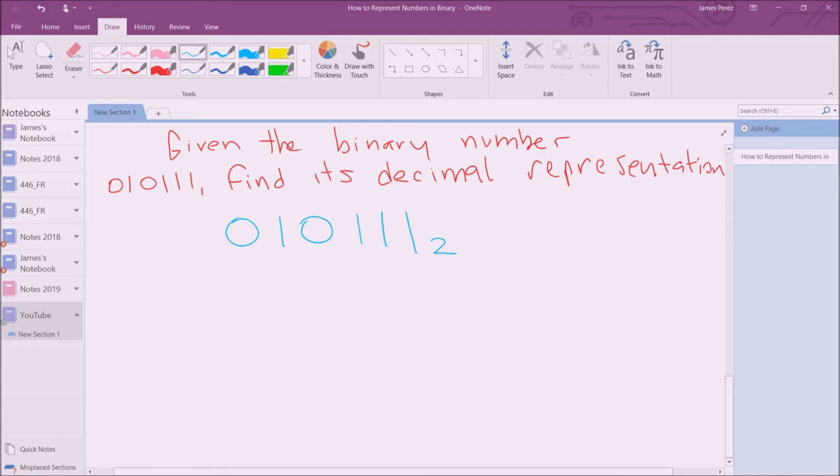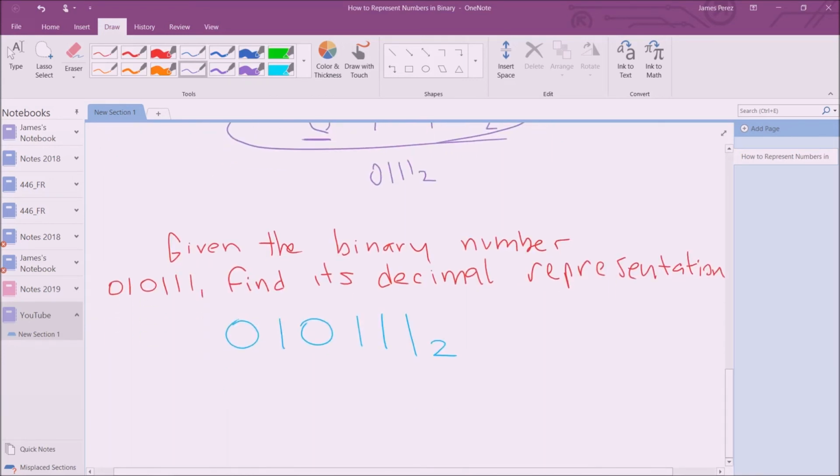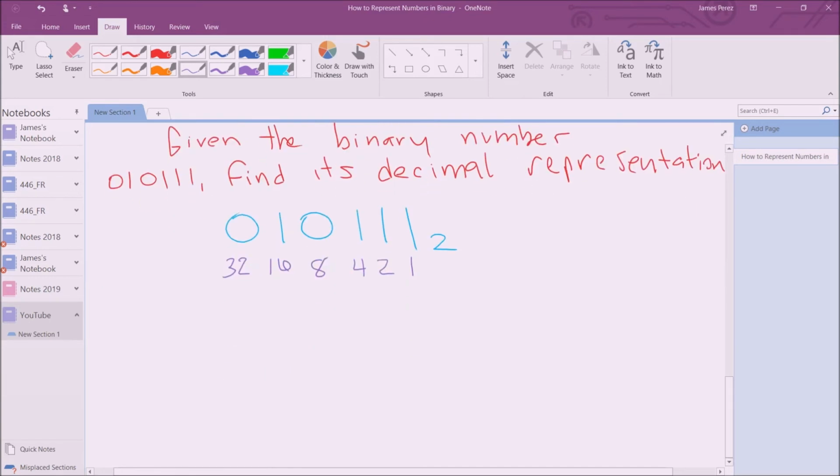So the next thing I would want to do is write the gray code down underneath it. Starting on this side, 1, 2, 4, 8. The next power would be 2 to the 4, which is 16. The next one is 2 to the 5, which is 32. Okay, so we're trying to convert this binary number into a decimal number. The next thing you should be doing is figuring out where there's a 1.